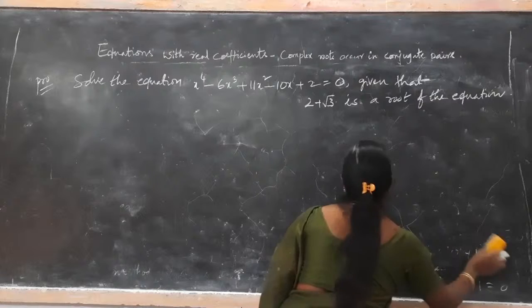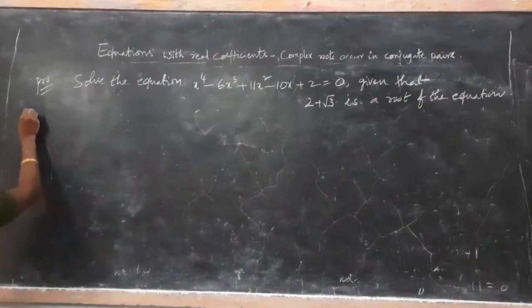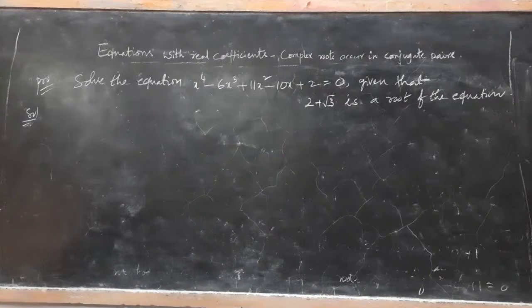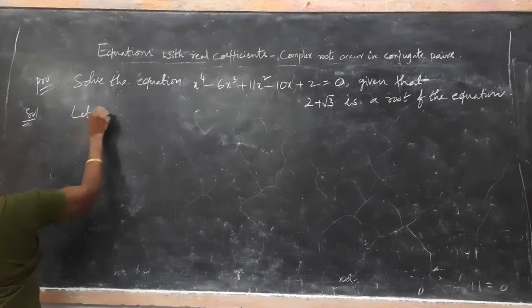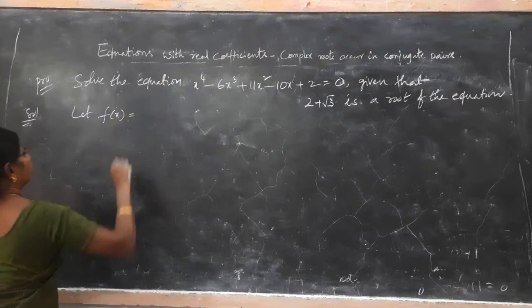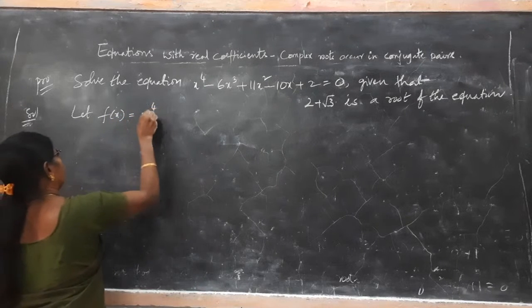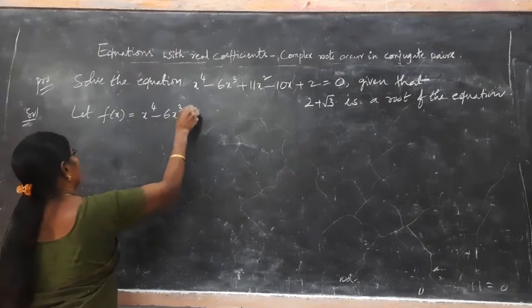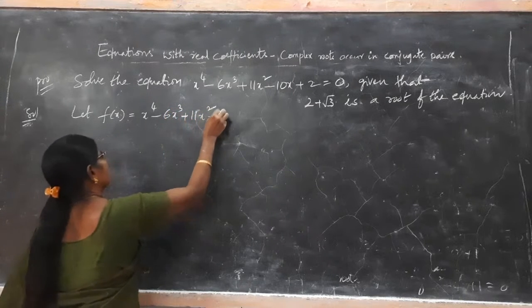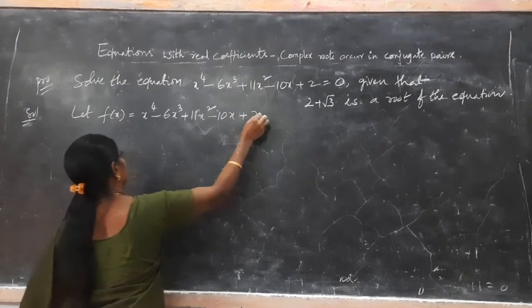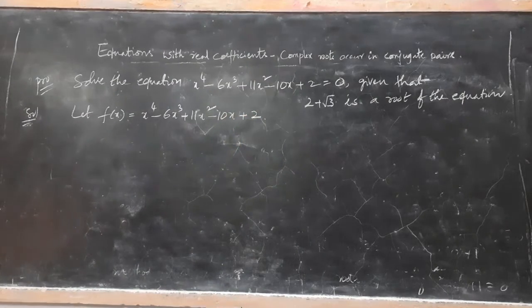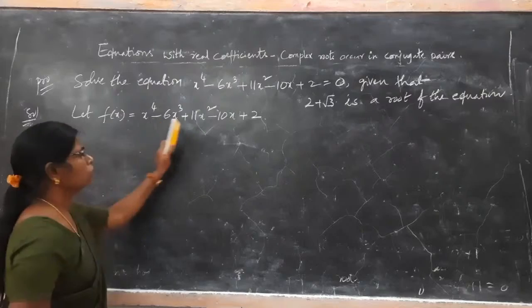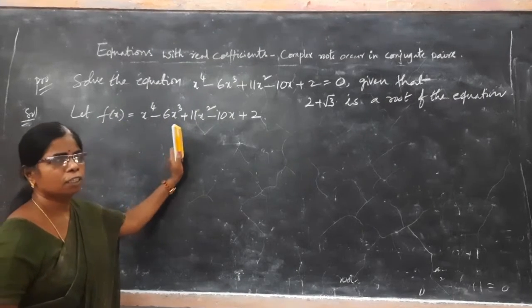So you can observe the polynomial equation. Observe the coefficients first. Let f of x is equal to x power 4 minus 6x cube plus 11x square minus 10x plus 2. So this is our f(x). Observe all the coefficients. All the coefficients are rational numbers.